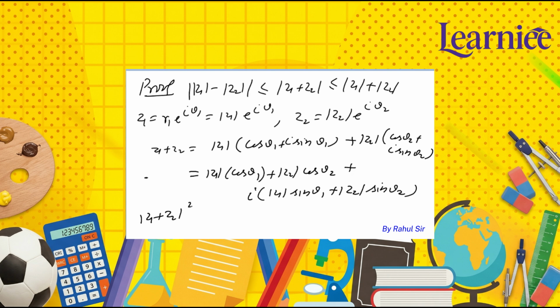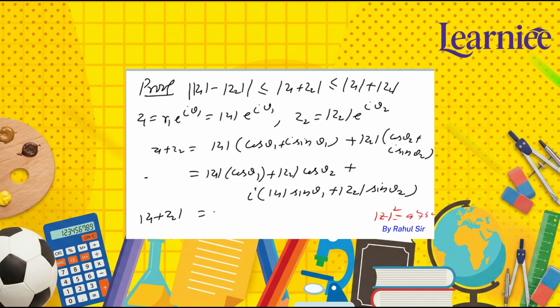If we take the modulus, we square the real part and square the imaginary part. We know that the magnitude squared of z is a squared plus b squared. In the same way here, it is the square of the real part plus the square of the imaginary part.